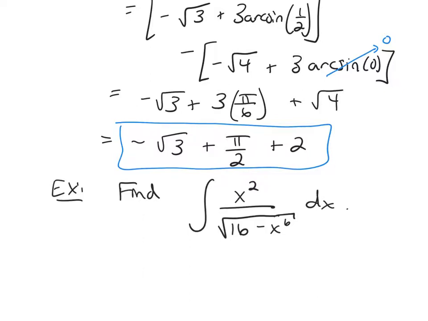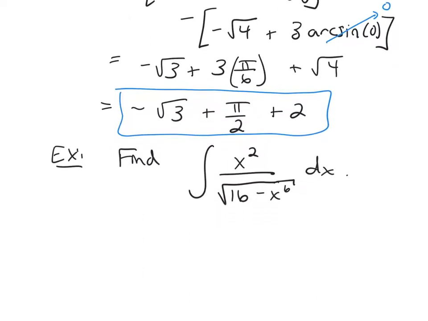So maybe you would want u to be 16 minus x to the 6th. What would the derivative of u be then? Negative 6x to the 5th. I don't have an x to the 5th in my integral, so this substitution won't work.